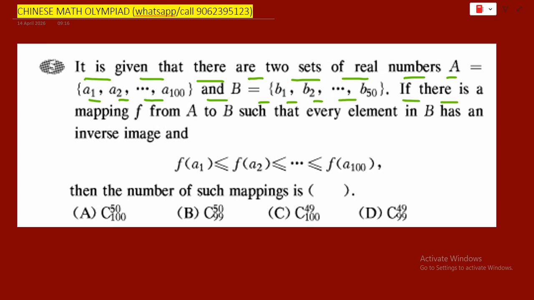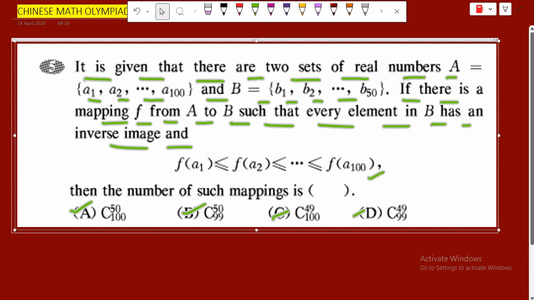So if there is a mapping f from A to B such that every element in B has an inverse image, and f of a1 less than or equal to f of a2 less than or equal to f of a3, and this goes up to f of a100, then the number of such mappings is option A says this, B says this, C says this and D says this. Okay, and we have to calculate the correct one.